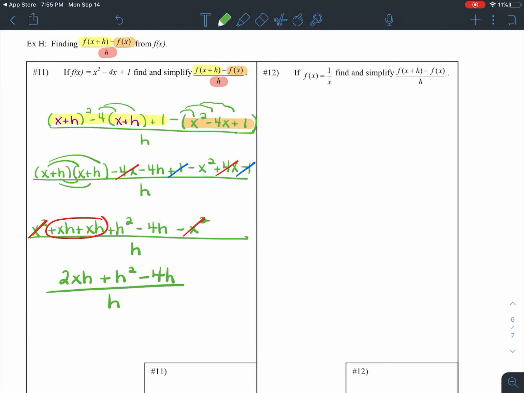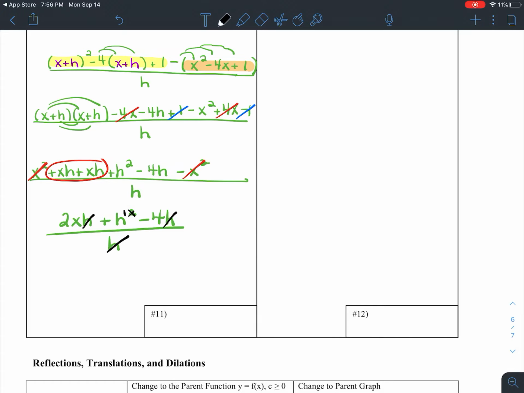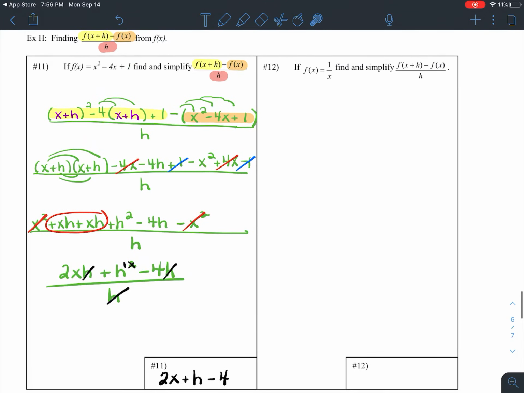The last thing we're going to do is I'm allowed to cancel this h as long as I take an h out of every single term here. Okay, so I'm going to cancel this h with that h, with this h, and with one of those h squareds, but I'm still leaving one of the h's behind. So if I cleaned that up, my final answer for this would be 2x plus h minus 4. Okay, that would be the answer for this.